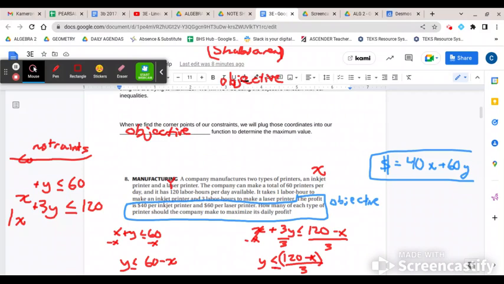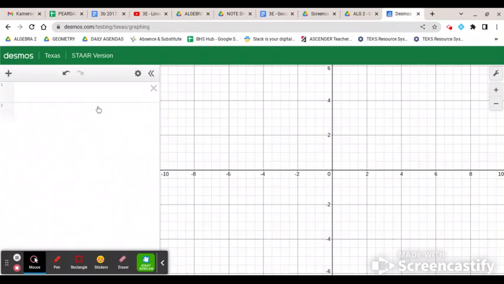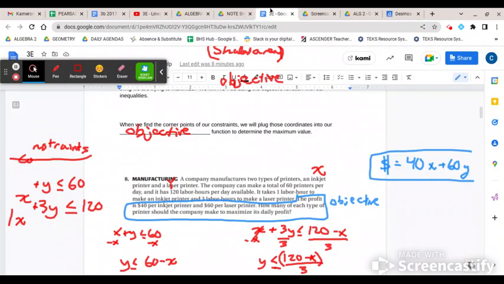So we'll just change these signs to equal. So y equals 60 minus x. And then the other one is y equals (120 minus x) all over 3, I believe it was.